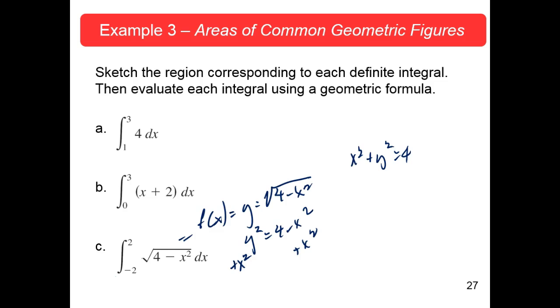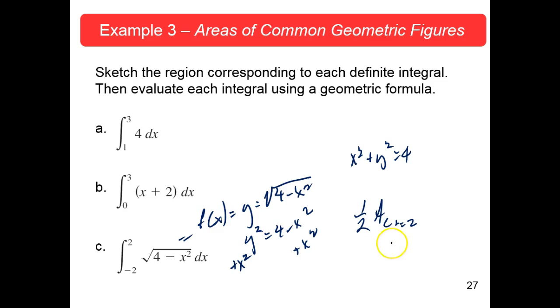Well, what have we described here? We're going from the positive square root of that, so we're doing the top half of a circle. So that's a semicircle of radius 2. 2 over here, 2 over here, half of that radius 2. So this is 1/2 the area of a circle of radius 2.